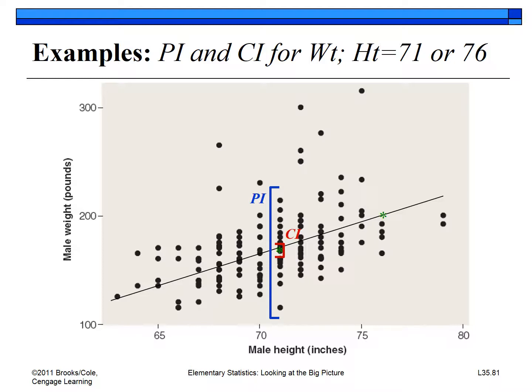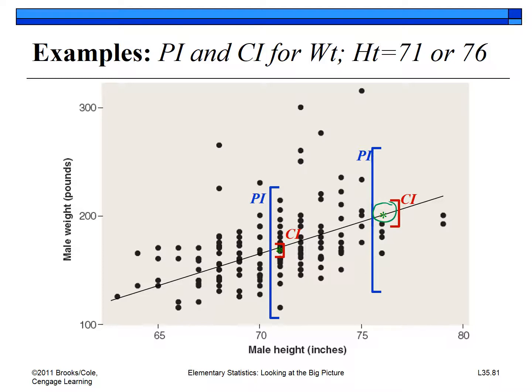If we move up to 76, though, now look at our new green star. If you're having trouble seeing it, it's right here. What do you notice out there? There's the prediction interval. There is the confidence interval. Why is it wider? Why is it so much wider? Well, the problem is near the center of the scatter plot, we have a whole lot more data.